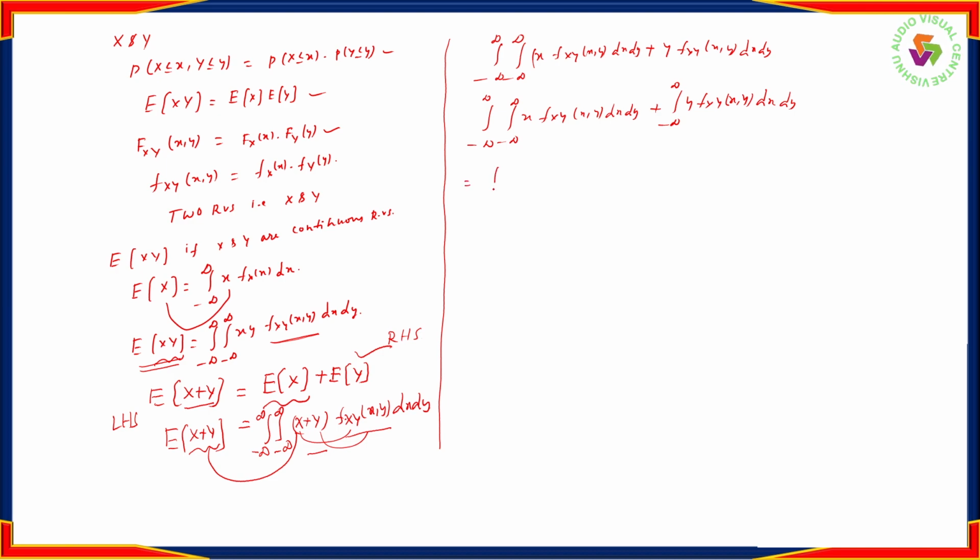Now, take this x separately, integral from minus infinity to infinity f_XY(x,y) separately with dy and dx. Just rearrange the terms.